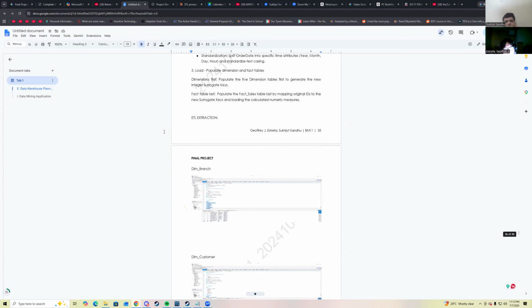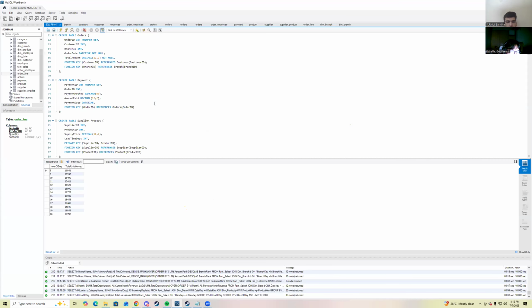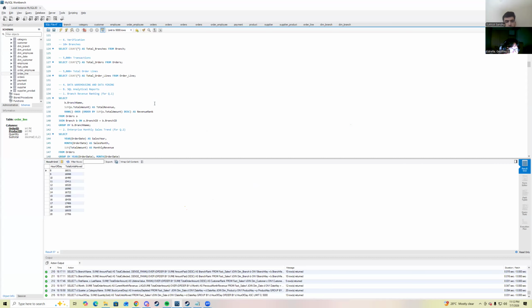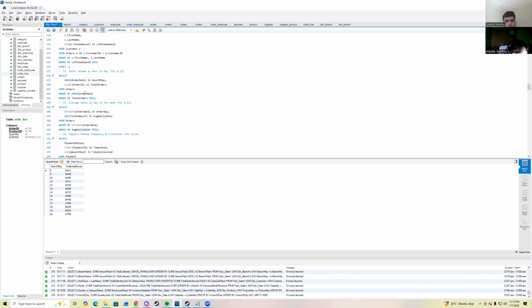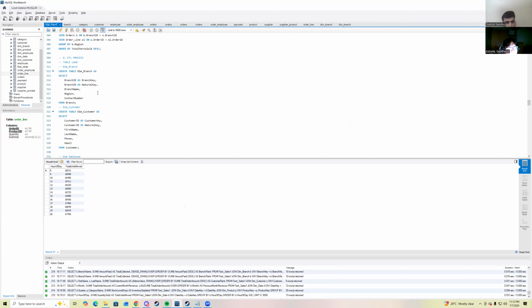This is the ETL extraction, which we have done on MySQL Workbench. First, we created the tables for each one. In detail, we load the table first and create the table for each one.